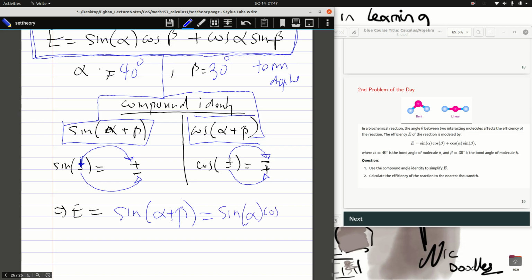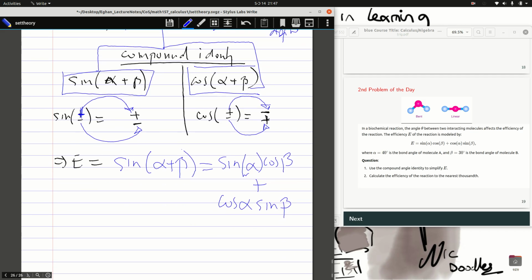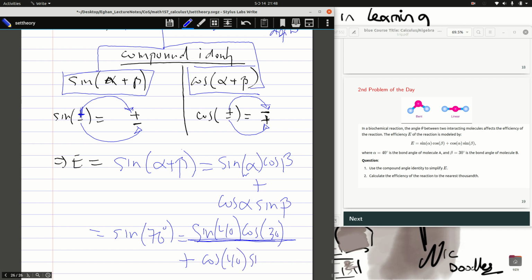Sine alpha cos beta plus cos alpha sine beta, and that's the expression for E. So it means I'm looking for sine alpha is what? 40 plus 30, that is 70 degrees, using whatever is given, and that is simple. So sine 40, I've solved this problem to the end. Sine 30 plus cos 40 sine beta is 30.